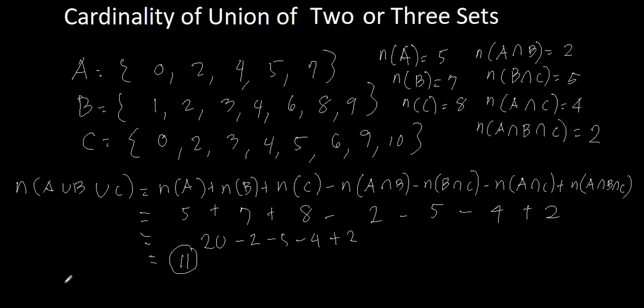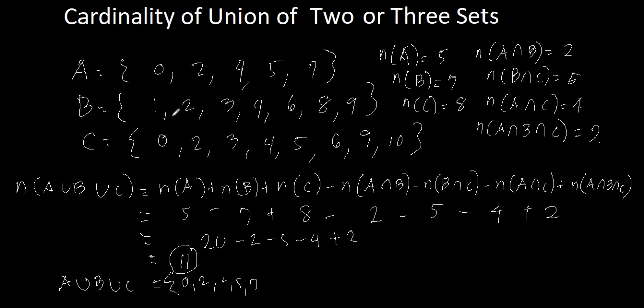Now, let's see if our answer using the formula is correct. Let's determine first the cardinality of the union of the three sets. Okay, so first we list the elements of set A: 0, 2, 4, 5, 7.